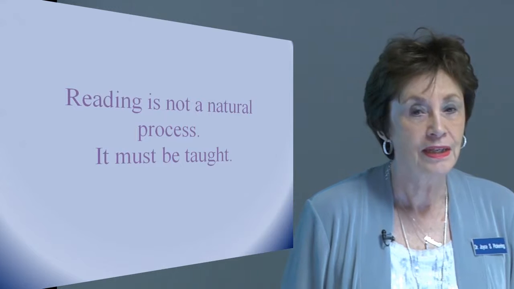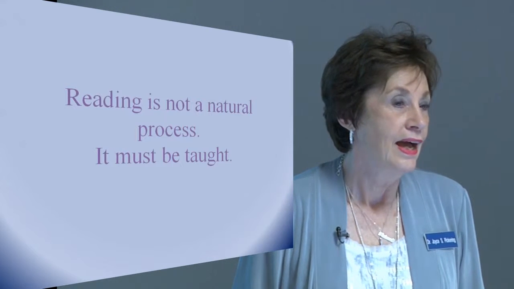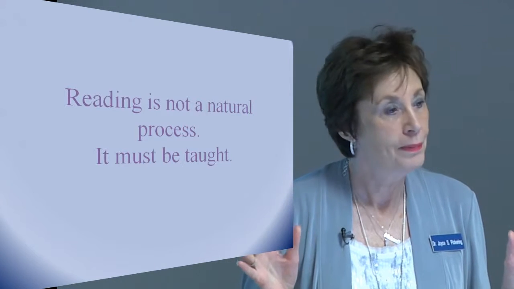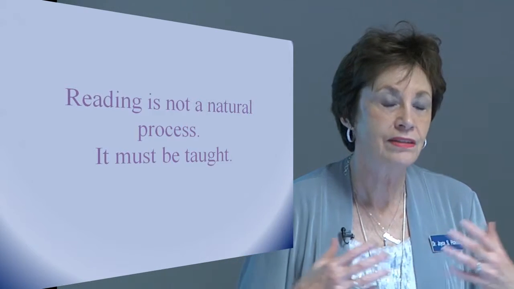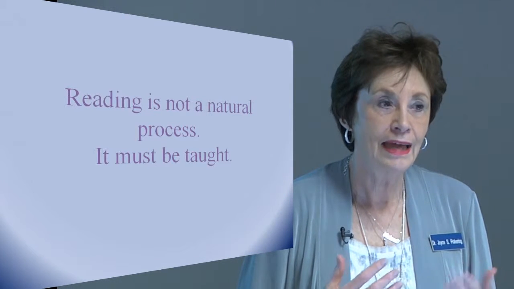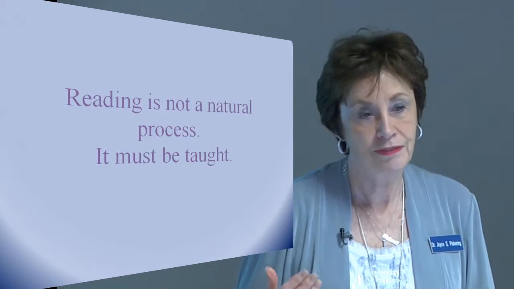Most children need some type of instruction. And with that, you'll see them start to pick up the letters, the sounds, the ability to blend and begin to decode words at 4, at 5.